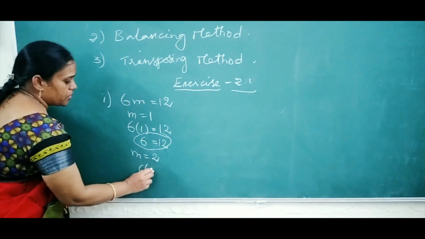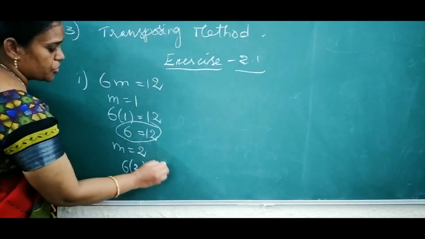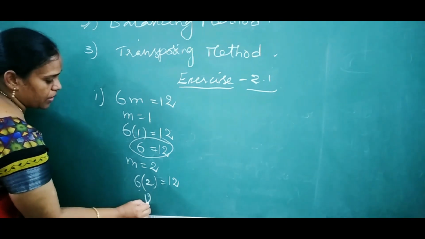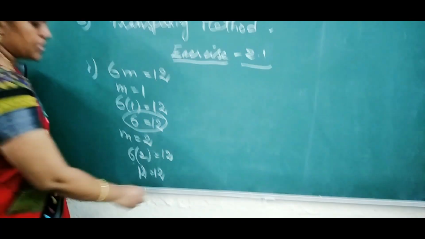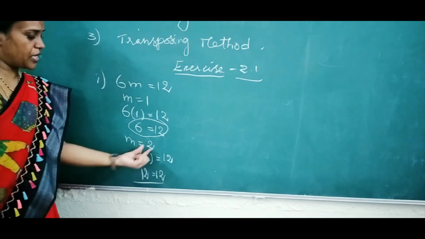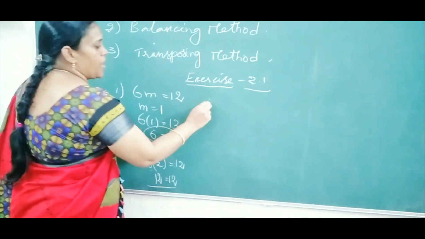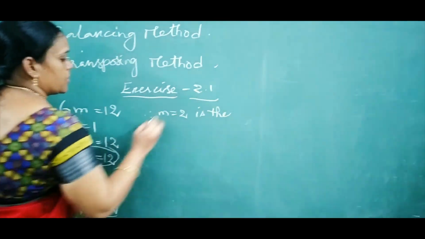Now 6 of 2 equals, in the m place you write 2, is equal to 12. 6 twos are 12, that is equal to 12. So 12 equal to 12 is the right answer. So now the solution of this equation is m equal to 2. Therefore m equal to 2 is the solution of this equation.